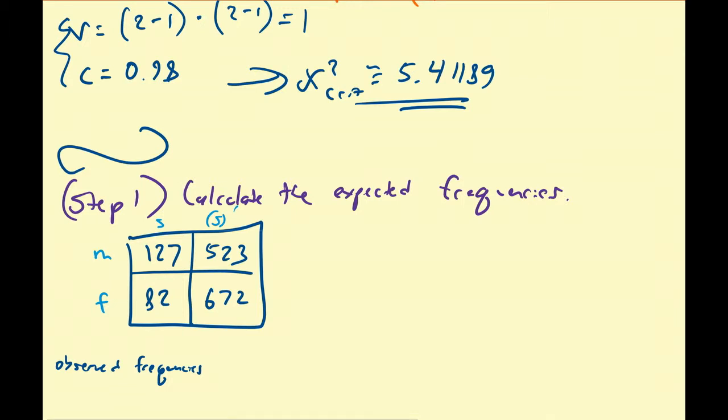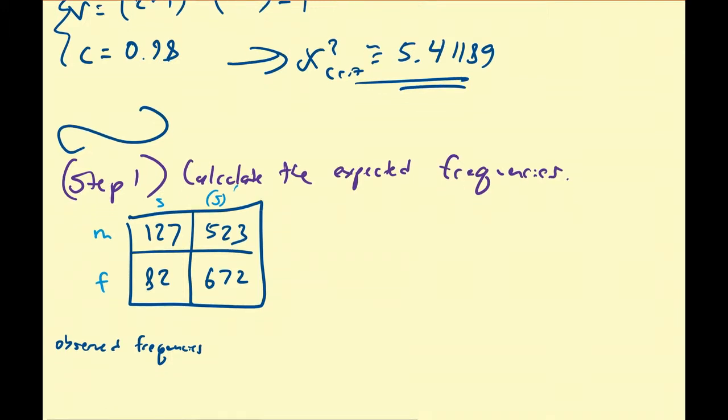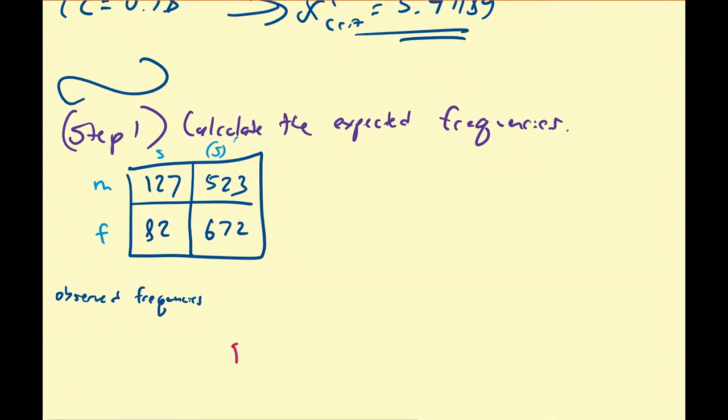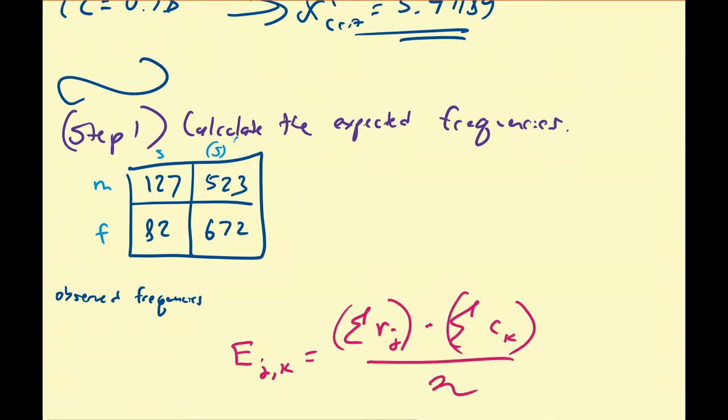So what the expected frequencies do is normalize the playing field based on the total number of people surveyed in our whole sample. I'm going to write the expected frequency E_JK as equal to the sum of row J times the sum of column K, all divided by our total sample size N. So that means we need to consider the sums.